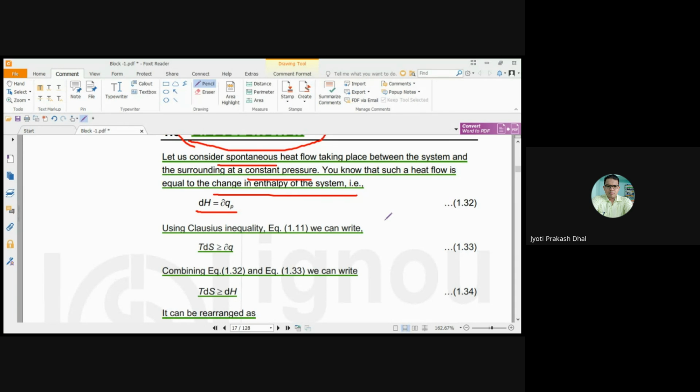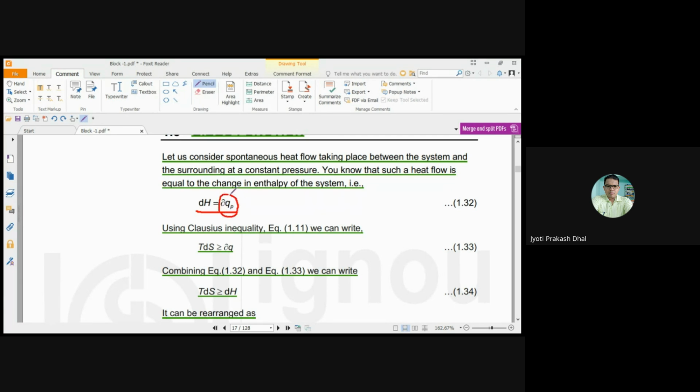So heat flowing between the system and surroundings at constant pressure deals with the change in enthalpy of the system. Let the amount of heat exchanged at constant pressure be del qp. The subscript p means pressure is constant.